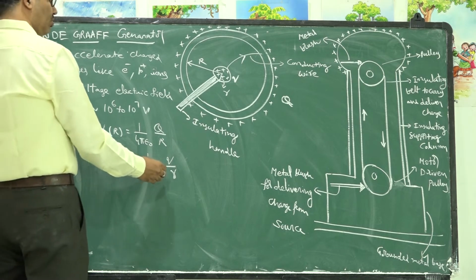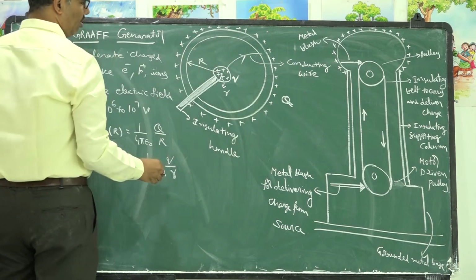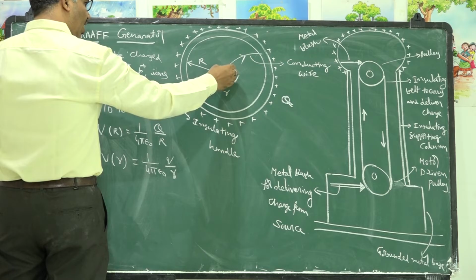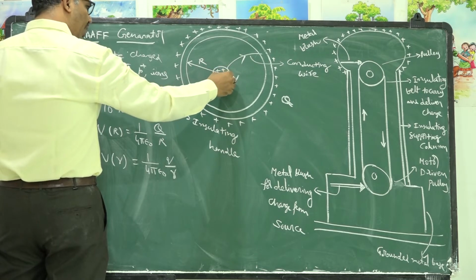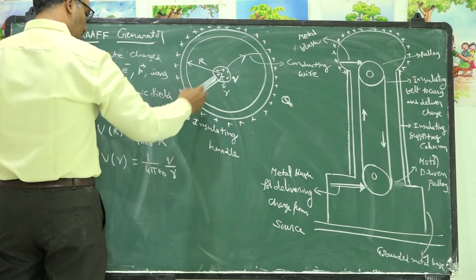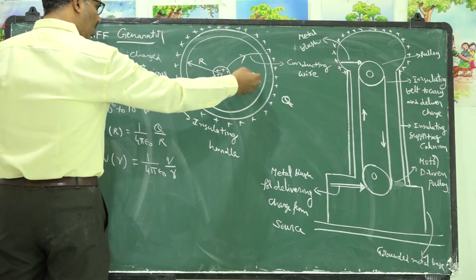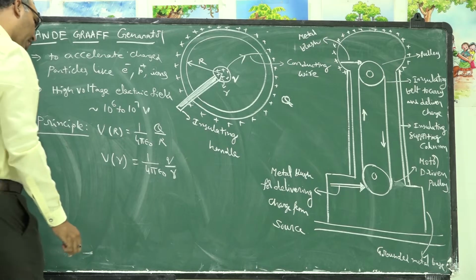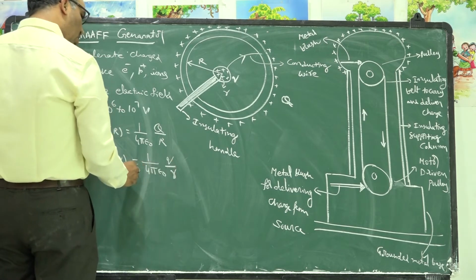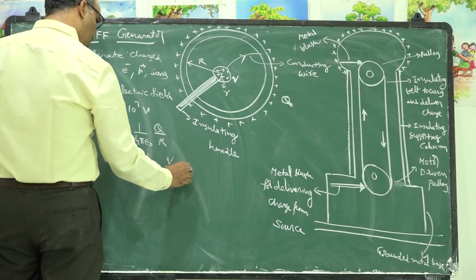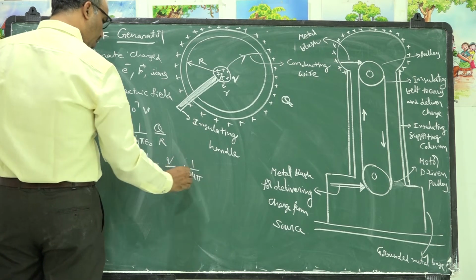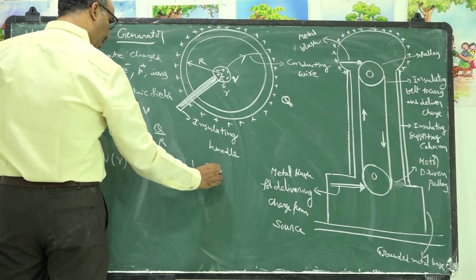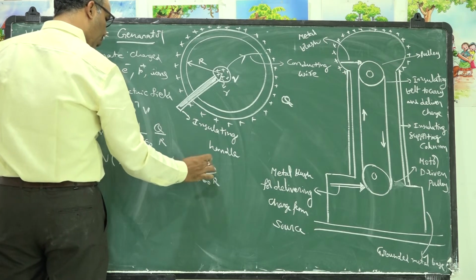As it is introduced inside this spherical shell, the potential on the surface of the smaller sphere is not only due to its own charge but also due to the charge available on the spherical shell. Hence, the potential over the smaller sphere becomes 1 by 4 pi epsilon naught small q by small r plus 1 by 4 pi epsilon naught capital Q by capital R.